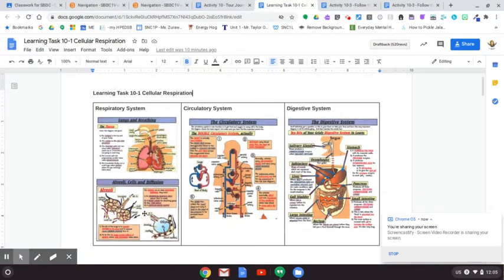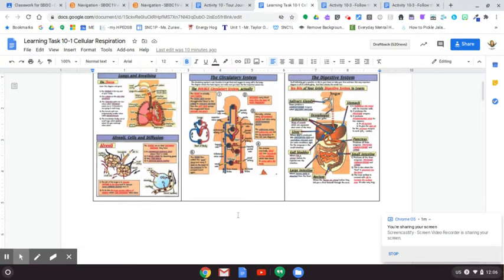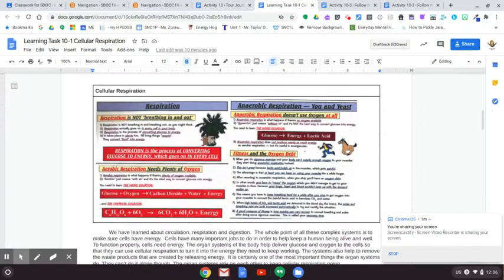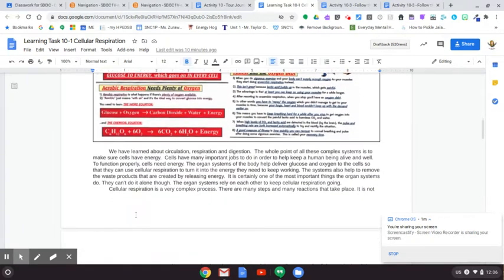So, what I've done here is I've just added some photos of the respiratory system and then your alveoli, your circulatory system, and your digestive system. So I think these have some pretty good information. Down below, you've got some information on cellular respiration that are just images that are copy and pasted here.